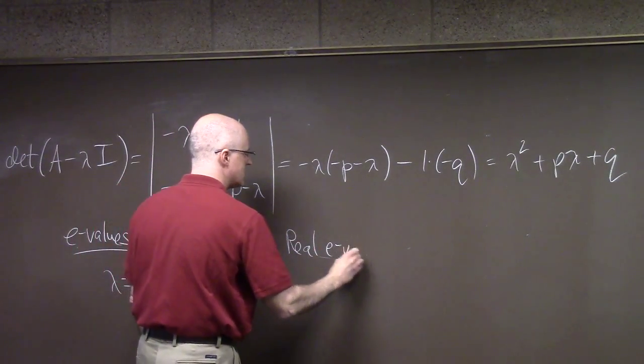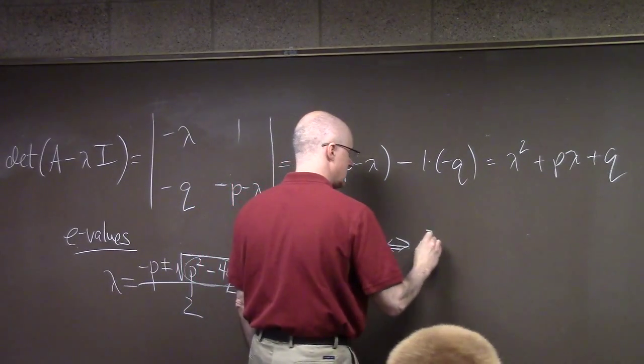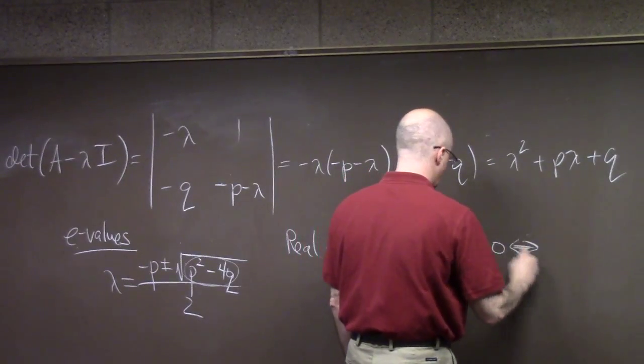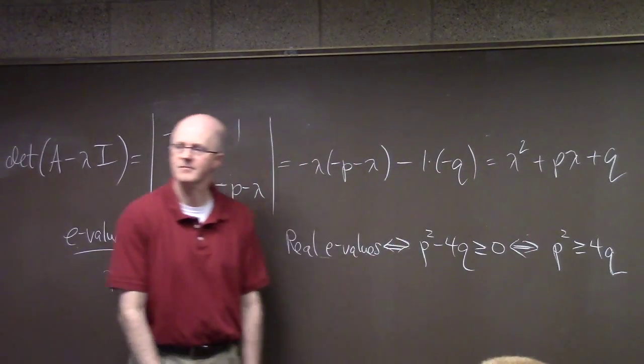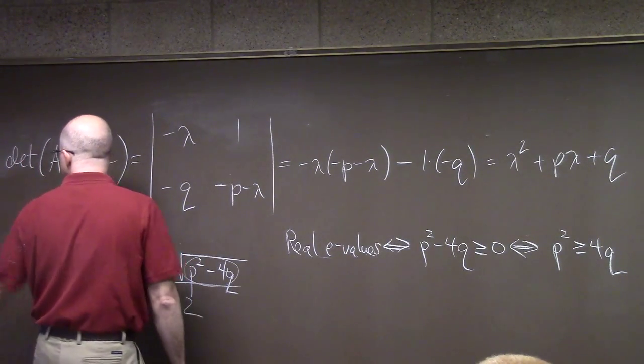Real eigenvalues if and only if p squared minus 4q is greater than or equal to 0, which is equivalent to p squared being greater than or equal to 4q. Right? Something bothering me. Okay, I think that's right. It looks right. Stop me if something looks wrong.